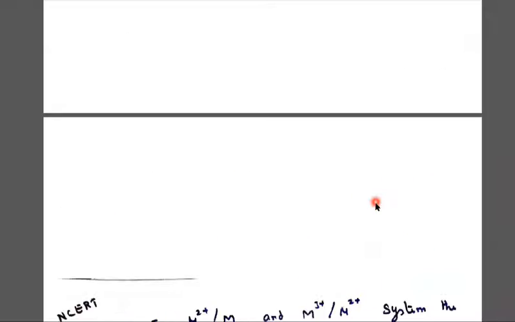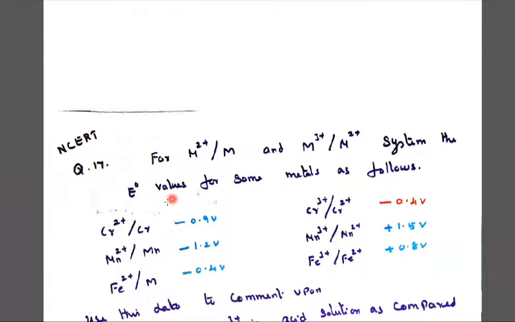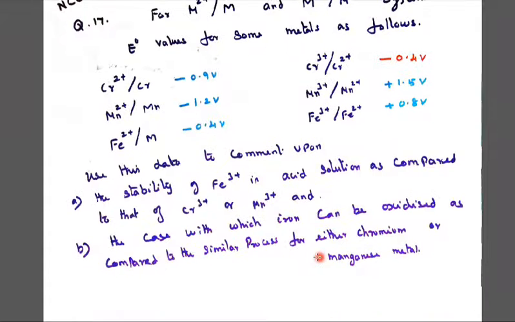Already I told you to apply this rule within the set: which is a large positive value, a large negative value, a small positive value or a small negative value. So use this data to comment on the first question: the stability of Fe3+ in acid solution as compared to chromium 3+ and Mn3+.